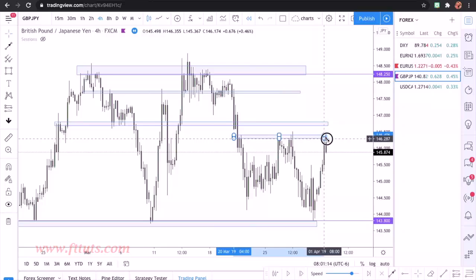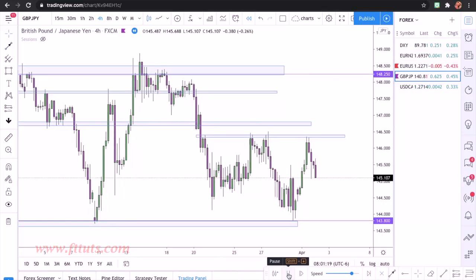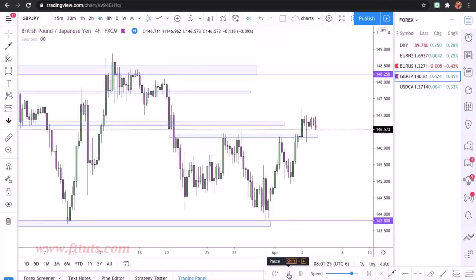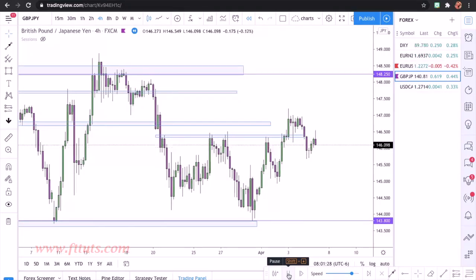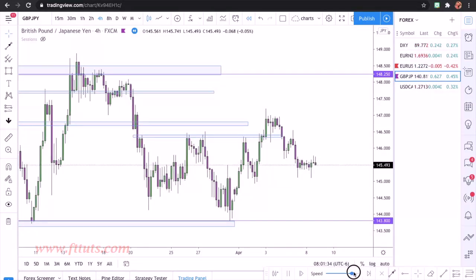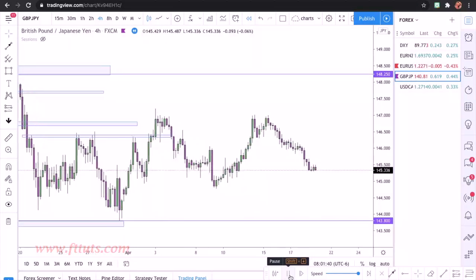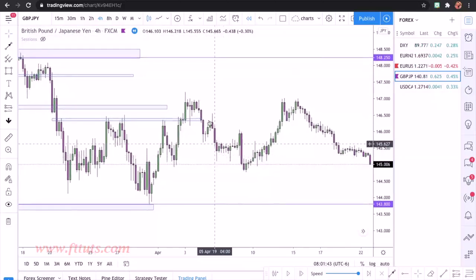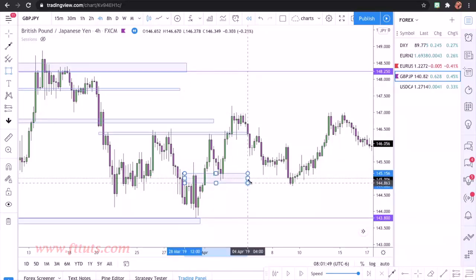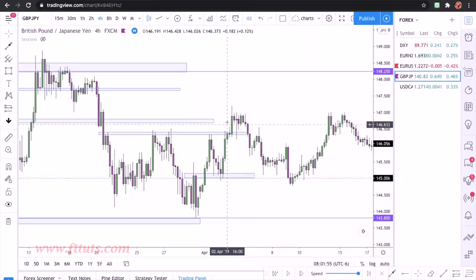Then it comes back up to our previous level and corrects right here. So: impulse, correction, retest the structure, continues up.